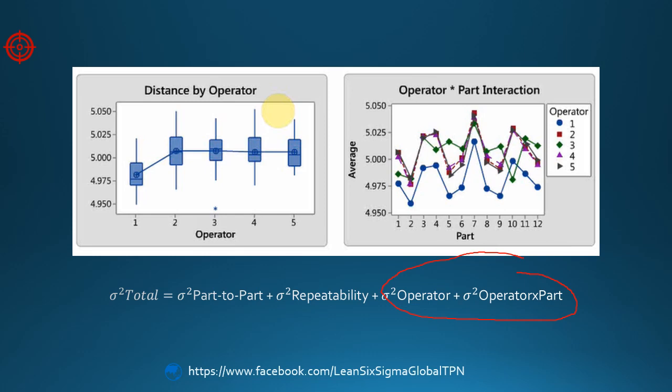Reproducibility is the variation observed when different operators measure the same part with the same device. In the PCBA viewer study, we have 5 operators making these multiple measurements.